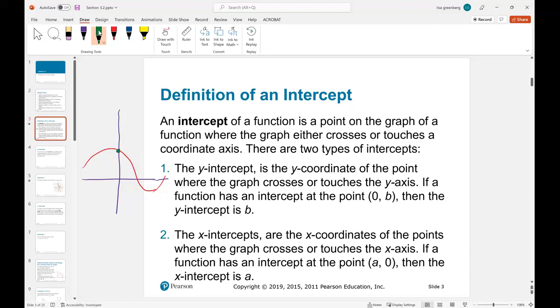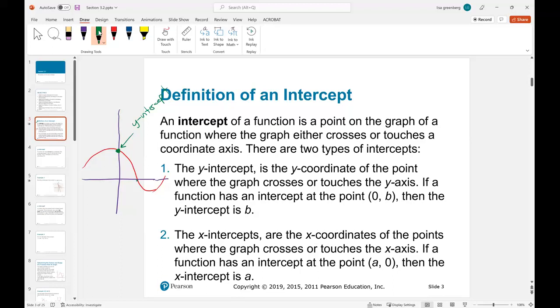And right here, where it touches the y-axis, that's the y-intercept. And remember, this is very important, there can only be one y-intercept if we have a function, because if we had two y-intercepts, then we wouldn't have a function because it wouldn't pass the vertical line test, okay?